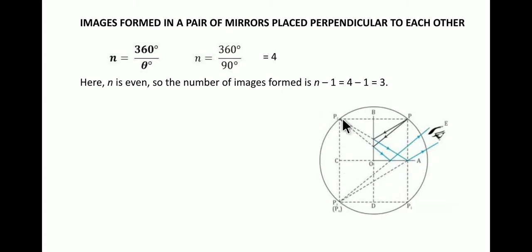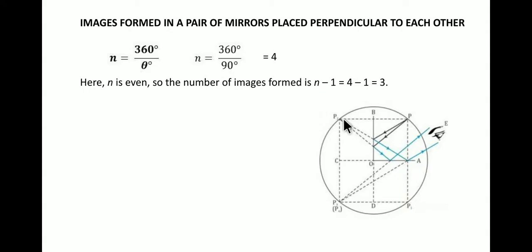Virtual object means it's the image actually, but for this OA it acts like an object, so it becomes a virtual object. So here this is the first image formed, this is the second image formed, and there will be the third image formed over here, the reflection of this virtual object.